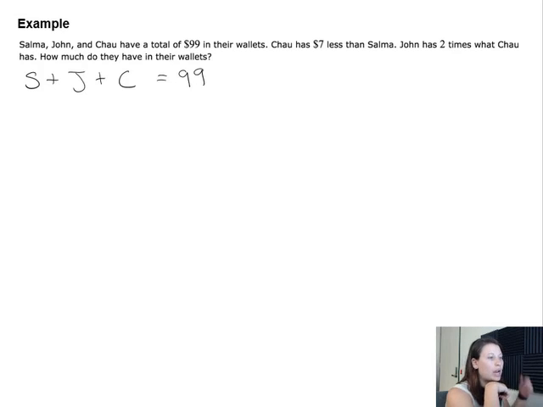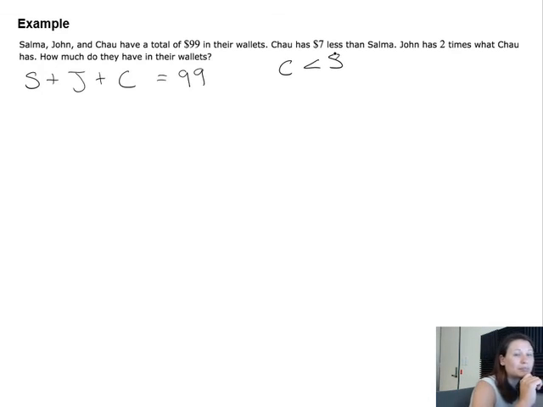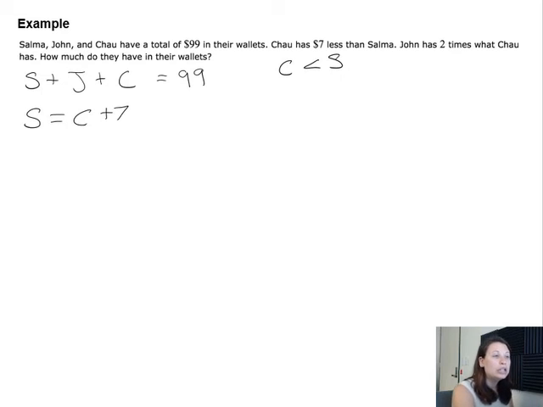Now, Chow has $7 less than Salma. Okay, so Chow is less than Salma. That's how we want to think about it. C is less than S. So that means if we want to set them equal to each other, we need to add something on to Chow or take away something from Salma, right? So Salma is equal to Chow plus 7. Okay? Now, John has 2 times what Chow has.